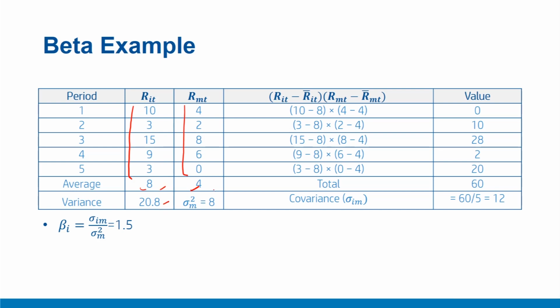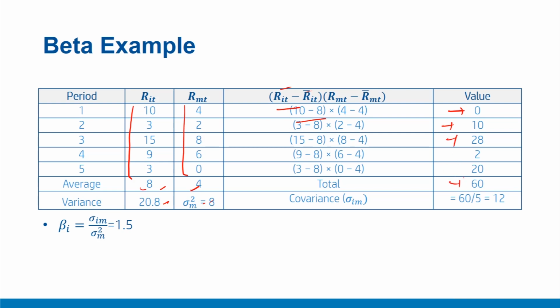Their variances also, sigma I square, which is 20.8, and sigma m square is 8. We can also compute the covariances with this expression, RIt minus RIt bar times RMt minus RMt bar, for which the values are computed here. And we can see the summation is 60.